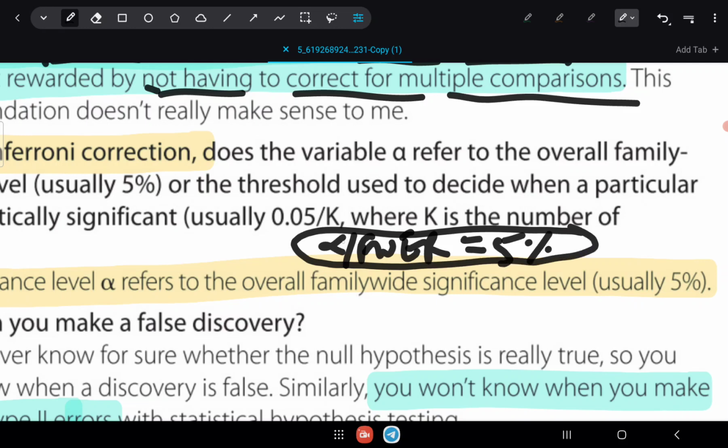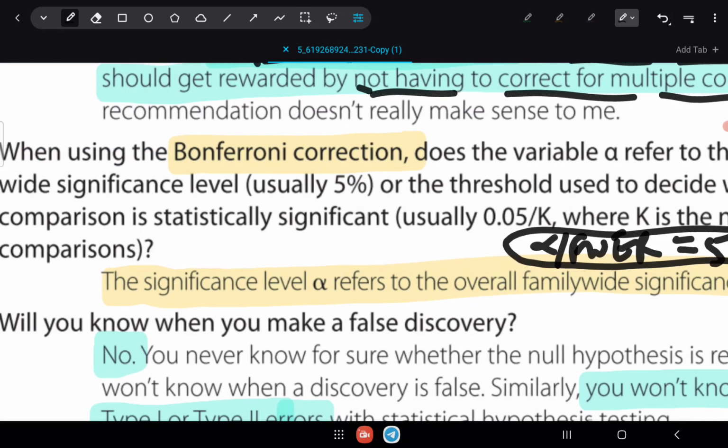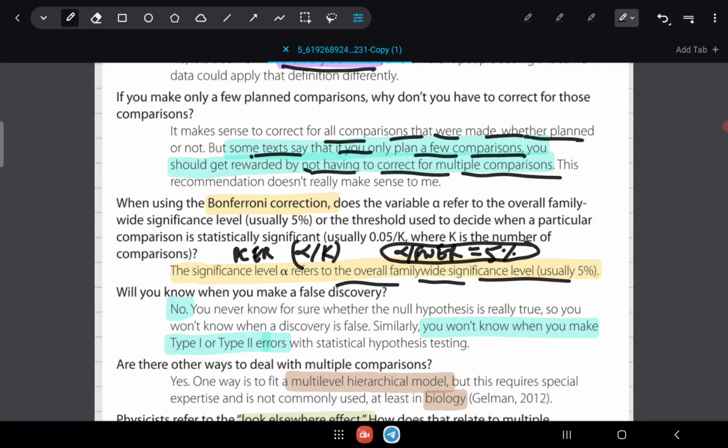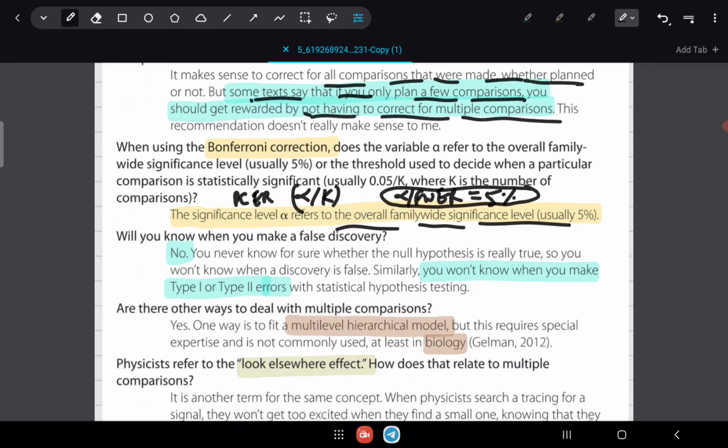The significance level you will still say is 5%, whatever family wise error rate you want to control at, but the threshold for each individual comparison will change. So the per comparison error rate will be alpha by the number of comparisons. The significance level will remain 5%, but the threshold to decide whether a single comparison is significant will change to alpha by k, the number of comparisons.